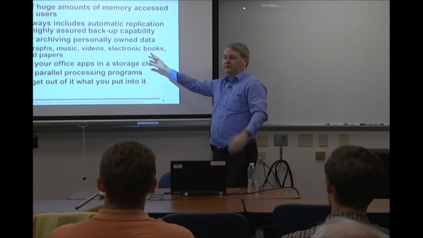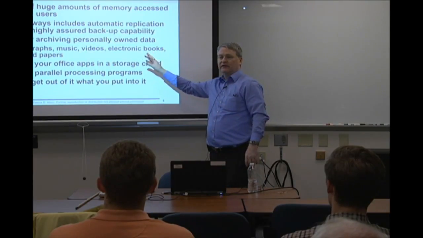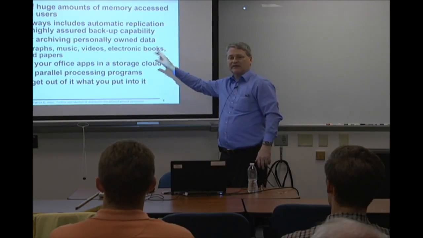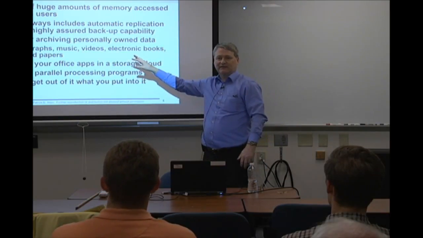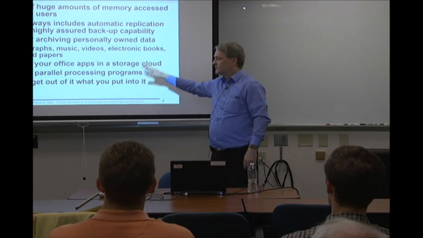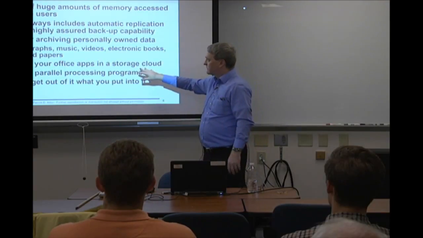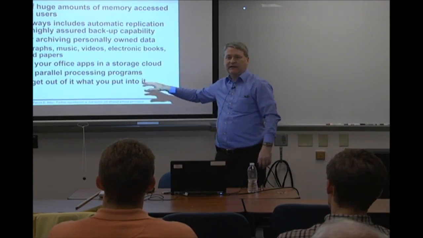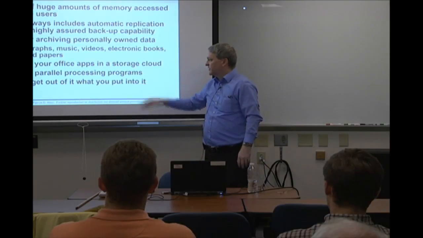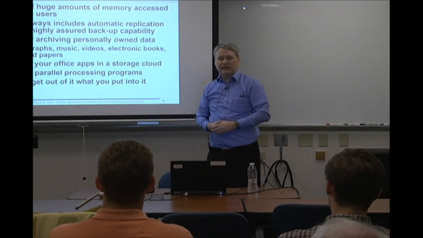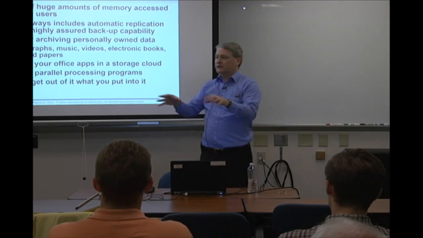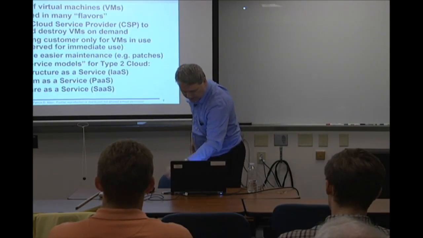And look at all the people who lost stuff in the floods, okay? For those who had stuff on the cloud somewhere else that didn't get flooded, that was a good way to store it. But you can't run your Office apps in the cloud. You can't run parallel processing. It is what you get out of it, what you put into it. So it is a place to store information.